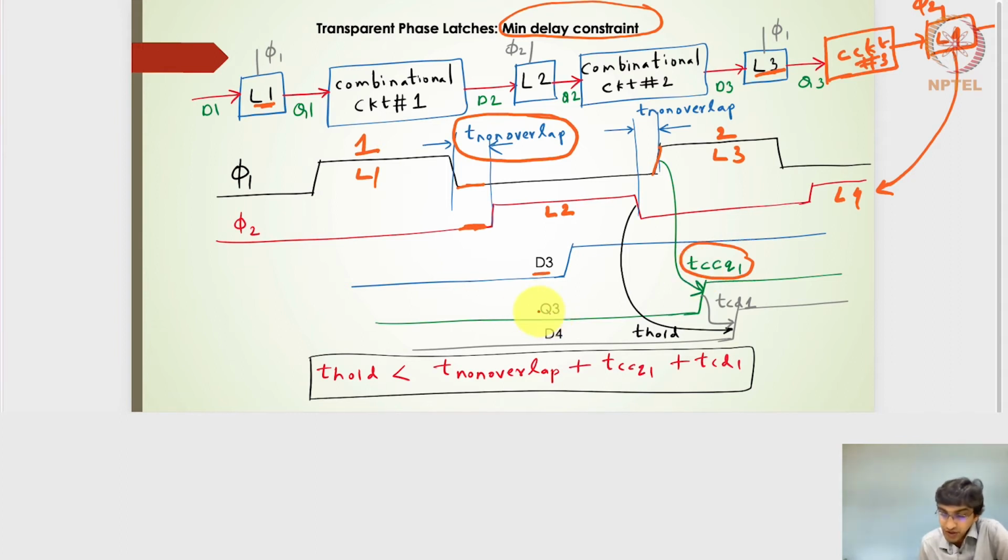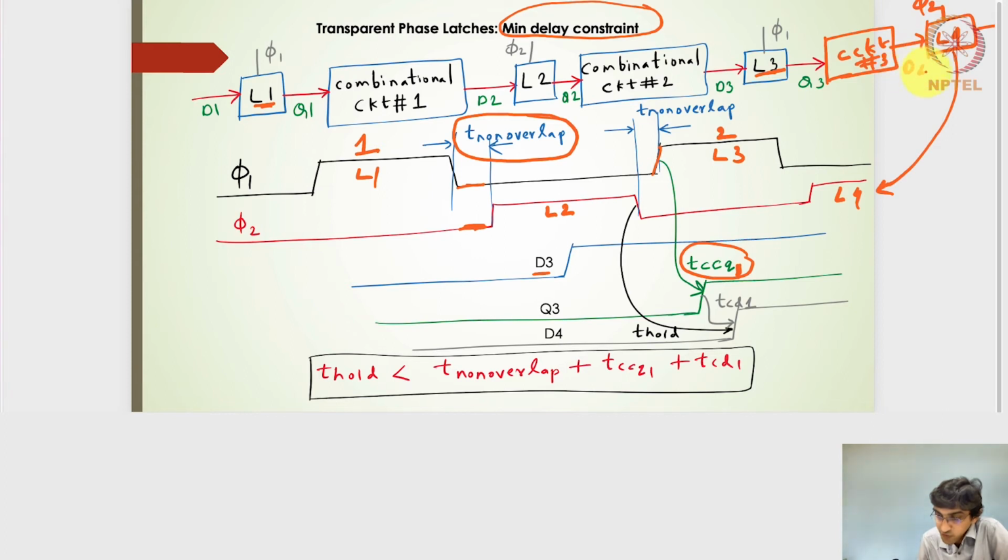So if I have the clock to Q3 here, this will be the contaminated clock to Q for latch number 3, which is similar to the design of latch number 1, and that's why I've written clock to Q instead of 3, I've written it as 1. The designs of latch 1, 3, 5 and all the odd-numbered latches are the same. After that we have combinatorial circuit number 3 passing the output here.